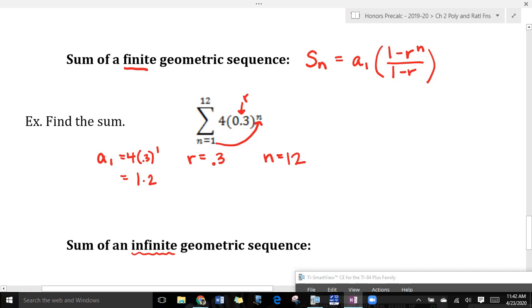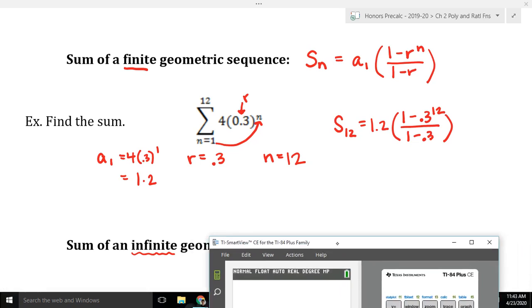So we have everything we need. We have A1, we have r, we have n. Let's go ahead and find our sum. So the sum of the first 12 terms, A1, which is 1.2, and then I have 1 minus r, so 1 minus 0.3 to the 12th power, over 1 minus r again, which is 1 minus 0.3. Okay, so I am going to grab my calculator for this.